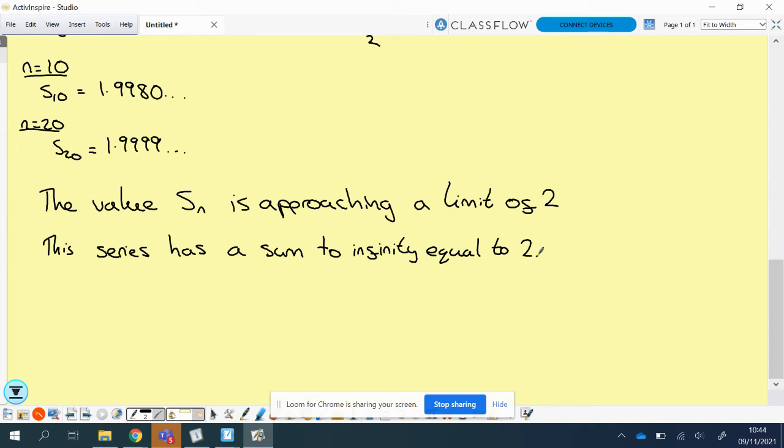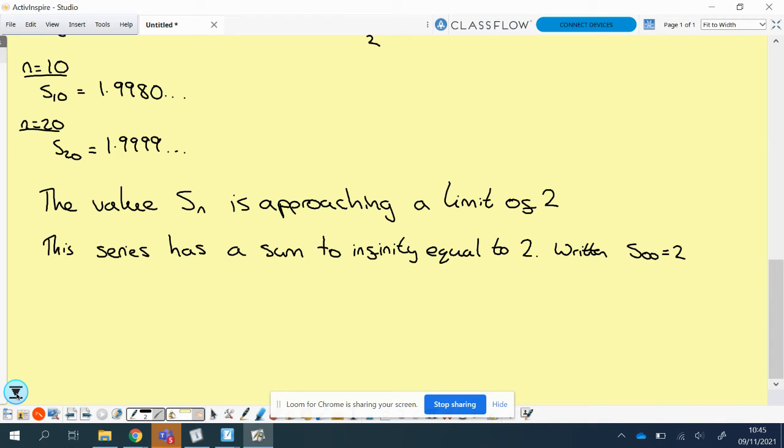So if we summed the first almost infinite amount of terms in this sequence, it would still approach a value of 2. Okay, how can we write that? So written as, if I were to sum the first infinite terms, it would just give me a value 2. That's what the sum goes to, a limit of 2.